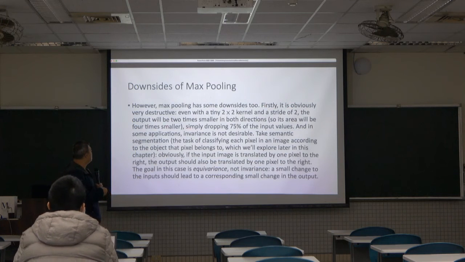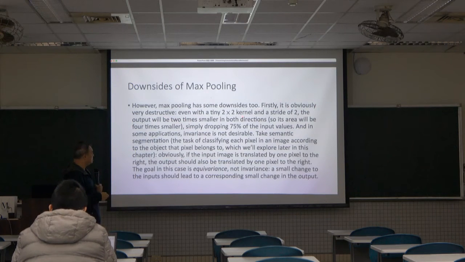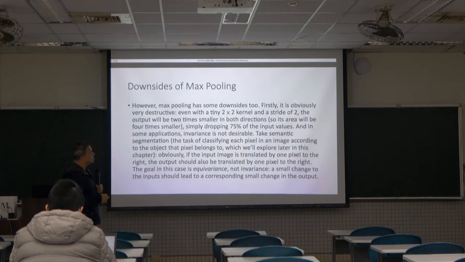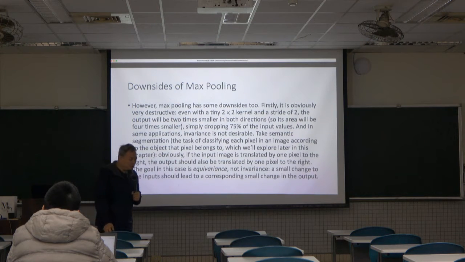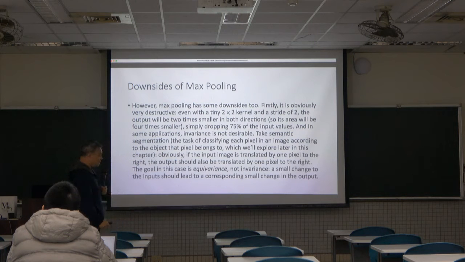First, it is obviously very destructive, because if you use just a 2 by 2 pooling layer with a stride of 2, the output will be 2 times smaller on both dimensions, which means you lost a lot of information, right? You drop 75% of the input values. Once this information is gone, there's at least not an easy way to recover it.